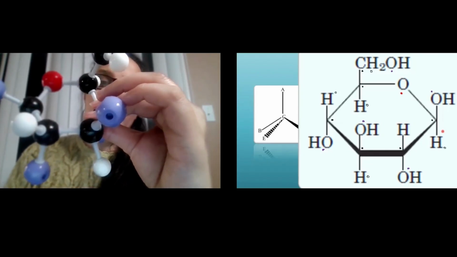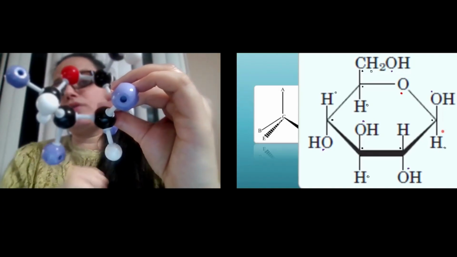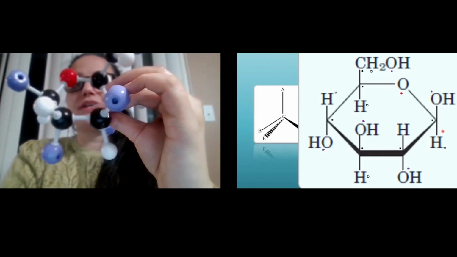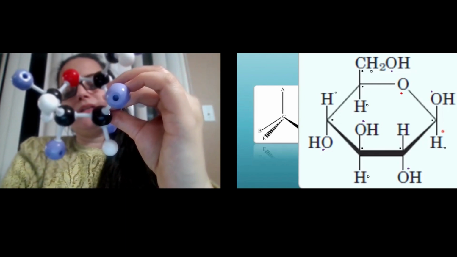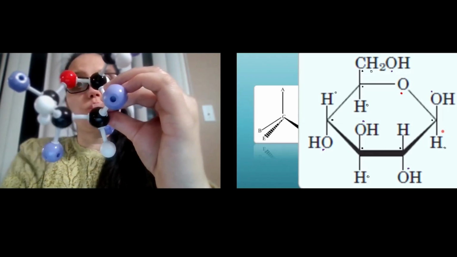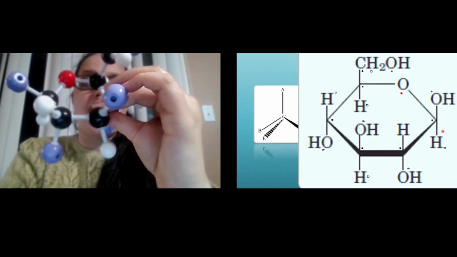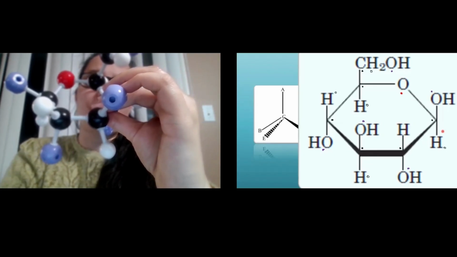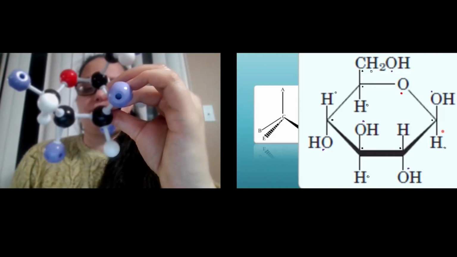Now, the code for glucose is 245, so on carbon number 2 the hydroxyl group is facing towards the right. Any group which is facing towards the right in the linear structure needs to face downwards in the cyclic structure. So over here on carbon number 2, it is facing downwards.